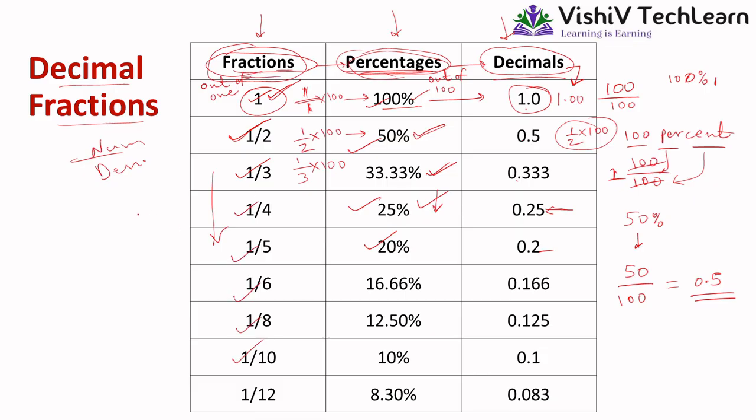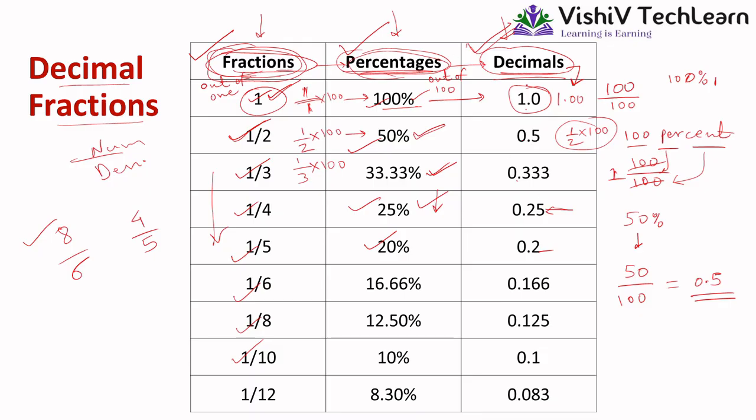The fraction may be like this as well, 4 by 5, 8 by 5, 8 by 6, or it may be anything. So every number, let it be any round figure or any decimal figure, can be represented in terms of fractions. Any number can be represented in terms of decimals as well, and obviously in terms of percentages as well.